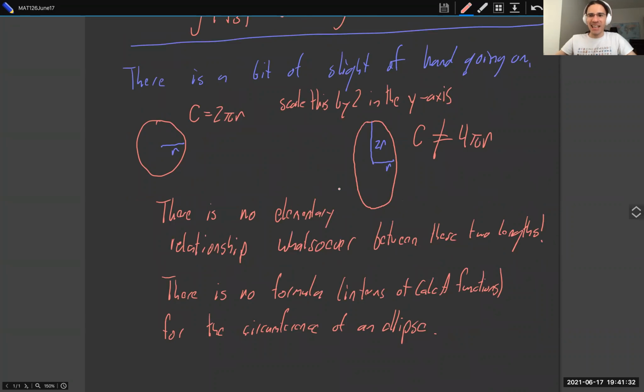So I am giving you the false impression that you can now calculate the arc length of every single curve. We calculated the arc length of a circle, hurrah, but we can't calculate the arc length of an ellipse. Can't be done. There's no formula in terms of calculus functions.